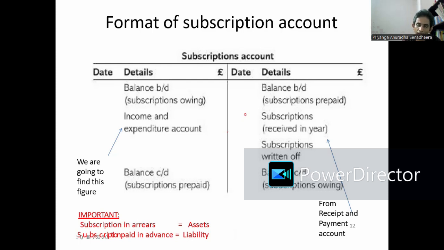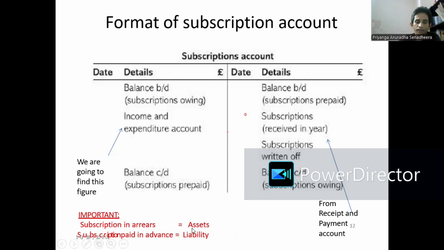So we did not provide any service, and we have to provide that service in the future. Since we haven't provided that, it is our liability as the club. So subscription paid in advance is known as a liability.